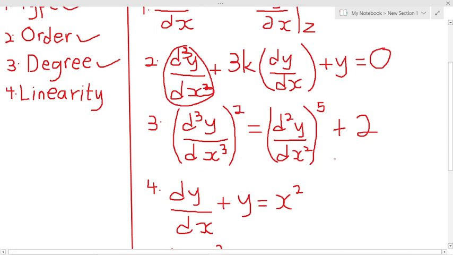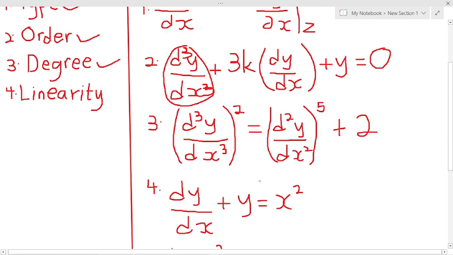In this equation, the highest order is 3, but we realize the power of the highest order here is 2, but the power of this one here is 5.